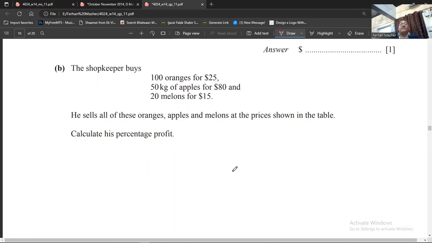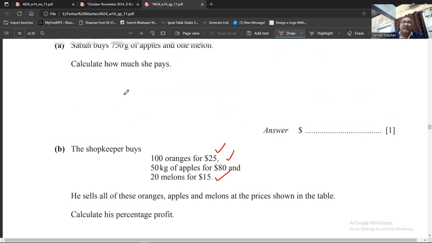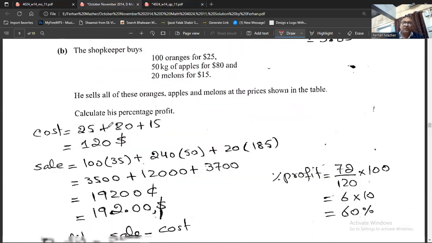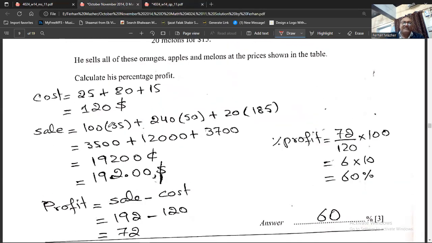Calculate his percentage profit. So these are his cost prices: 25, 80, 15. So you can find the total cost, and this is his sale, so we will calculate how much his sale is. The cost will be 25 plus 80 plus 15.